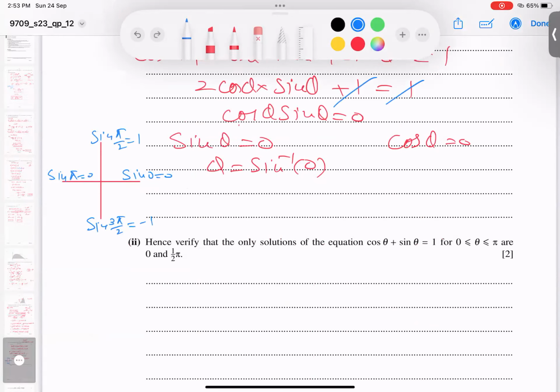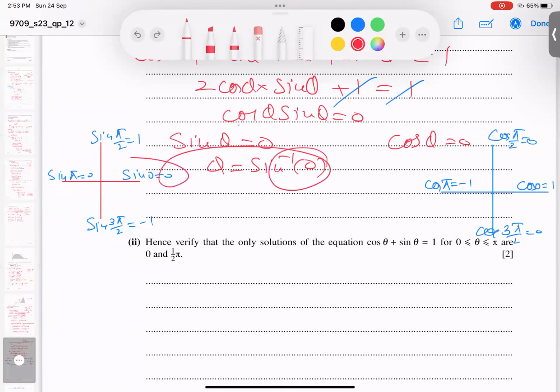And cos is total reverse, so I make a cross for cos. You can see clearly that cos 0 is 1, cos pi is minus 1, cos pi by 2 is 0, and cos 3 pi by 2 is also 0. So when he asks us, what are the answers? I write 0 and pi.